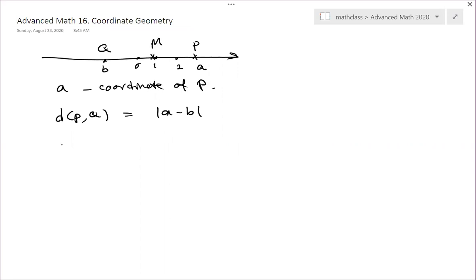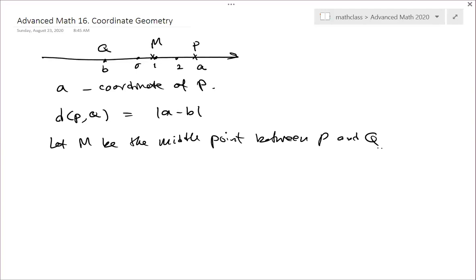Let M be the midpoint between P and Q. Then the coordinate of the midpoint M is going to be the average value of A plus B. A and B could be negative.